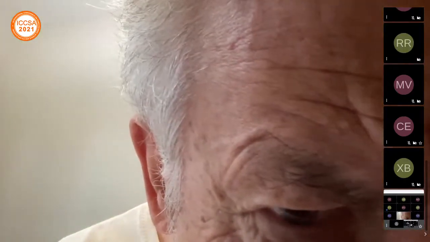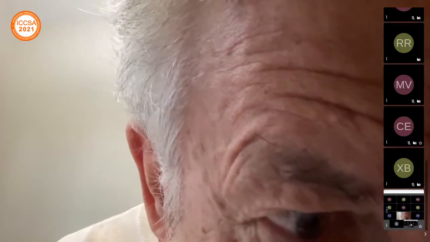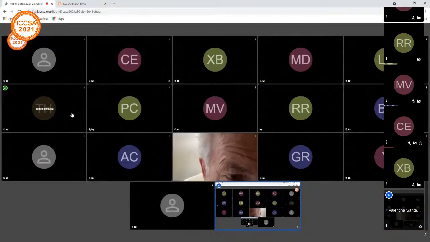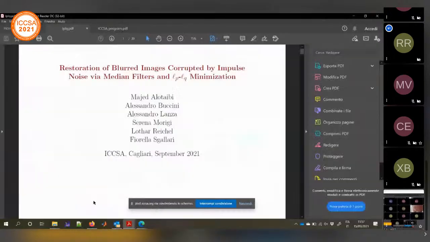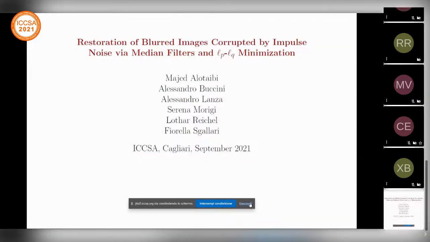I can actually share your slides as I have them, and you can tell me when you want to switch. It might not be optimal, but it works. Well, I see something here. Is that your screen?